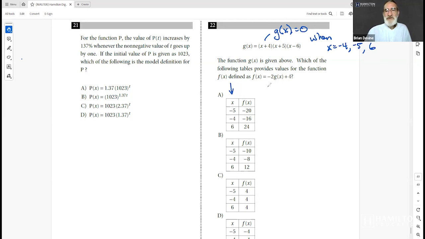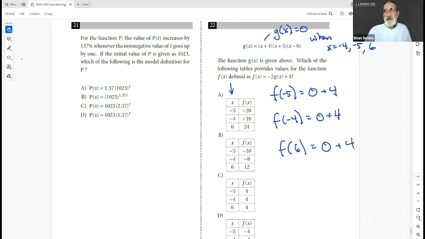So f of negative 5 is going to be 0 plus 4. And f of negative 4 is going to be 0 plus 4. And f of 6 would also be 0 plus 4, because g of negative 5 and g of negative 4 and g of 6 are 0, respectively. And so C is our only choice that makes sense.